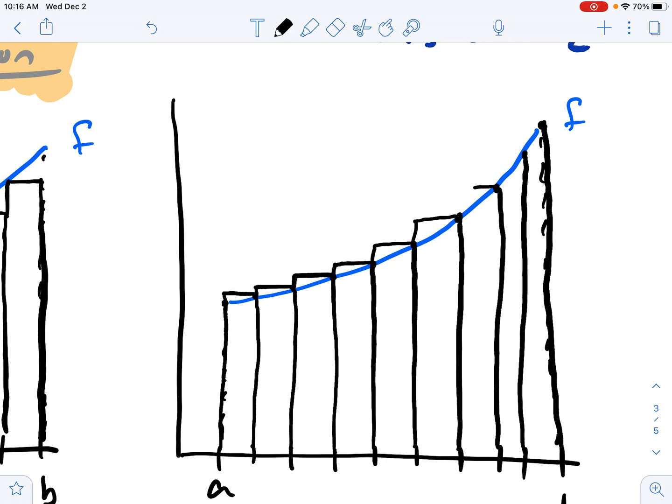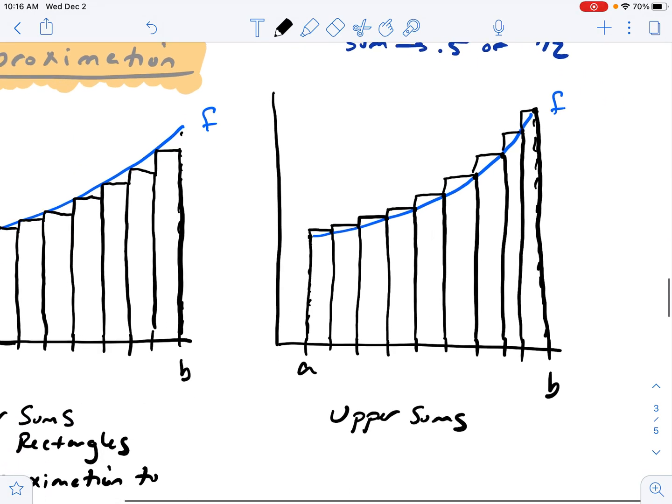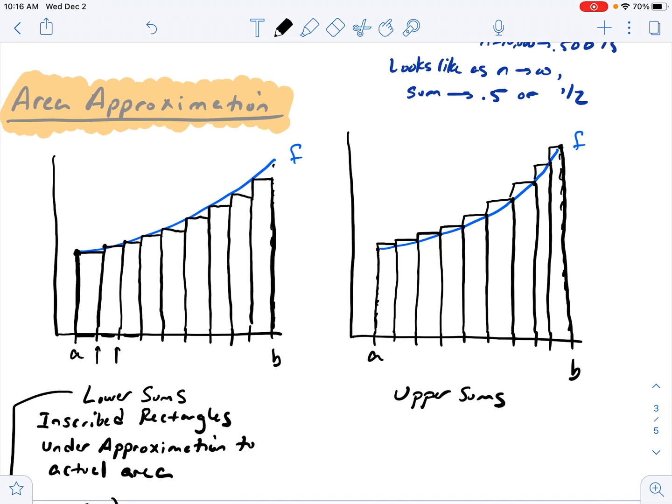Okay, the difference between upper and lower sums. What we have here now are rectangles that stand taller than the function. So this is going to be an over approximation, and these are called circumscribed rectangles.